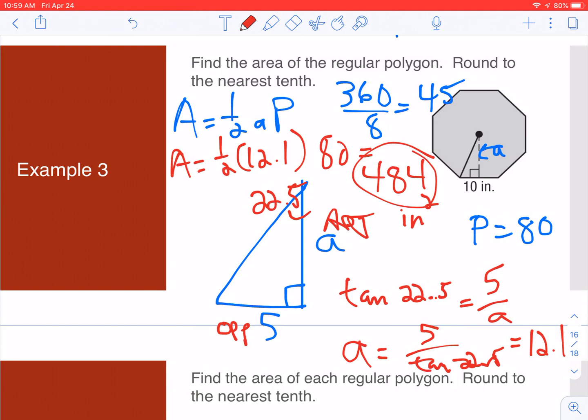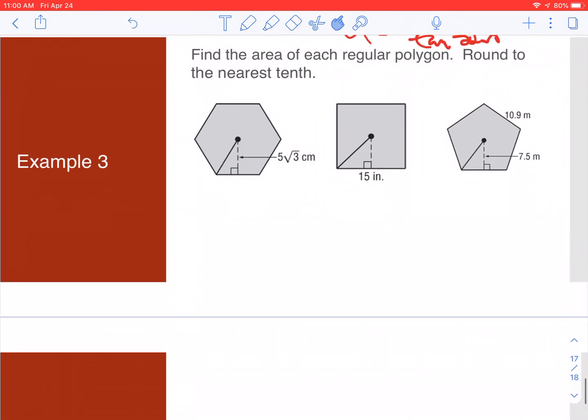Okay, so we need to find the central angle. We need to find, so that we can find this angle, we need to take 10 divided by 2 to find this side. And now we just find the apothem. We already found the perimeter over here. We just plug everything in.